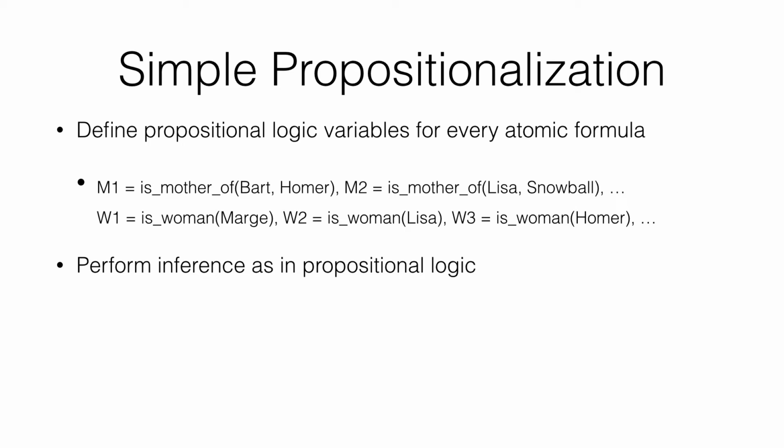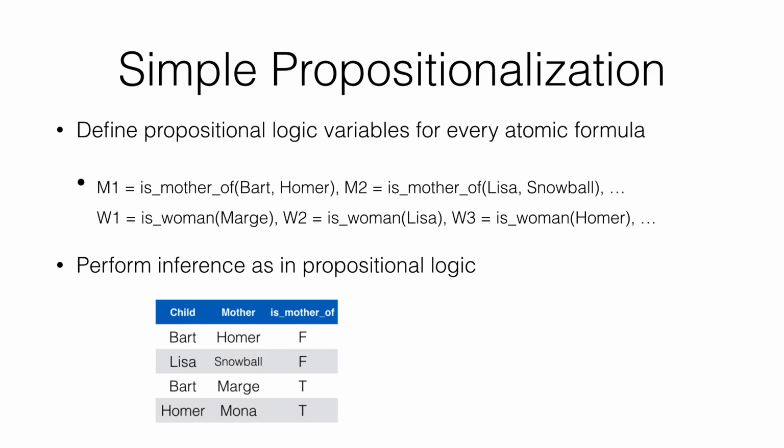Right, so now our variables, we can map them back to some semantic meaning. Right now it's describing the relationship between Bart and Homer as opposed to just some Boolean variable which could mean anything. And it's natural to store these in relational tables because these predicates are very much related to relations, no pun intended.